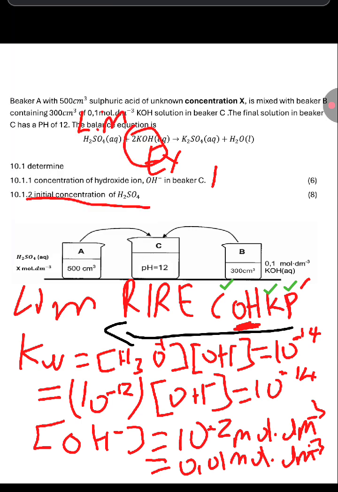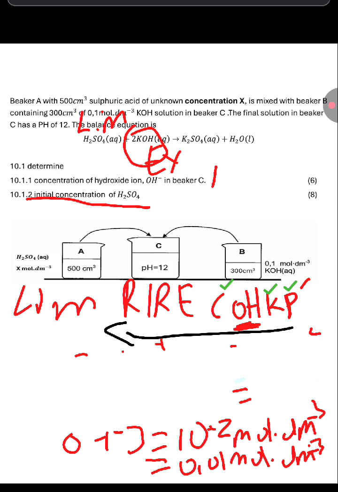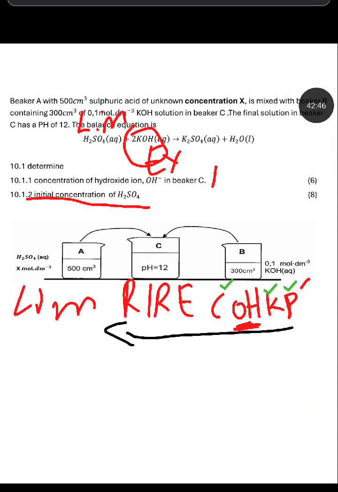Now, we are now answering another question. I'm saying KOH is to hydroxide ions.